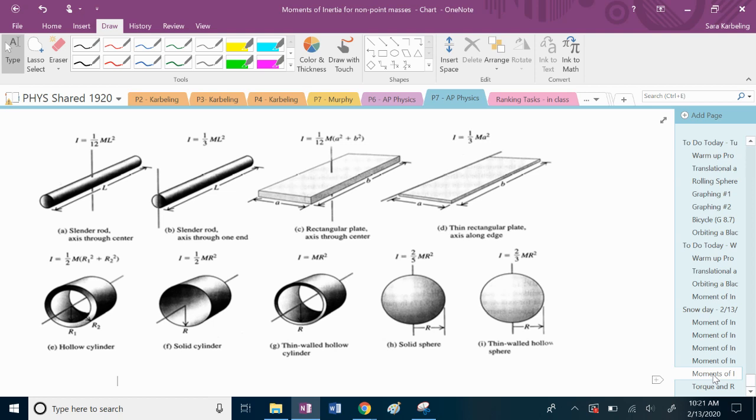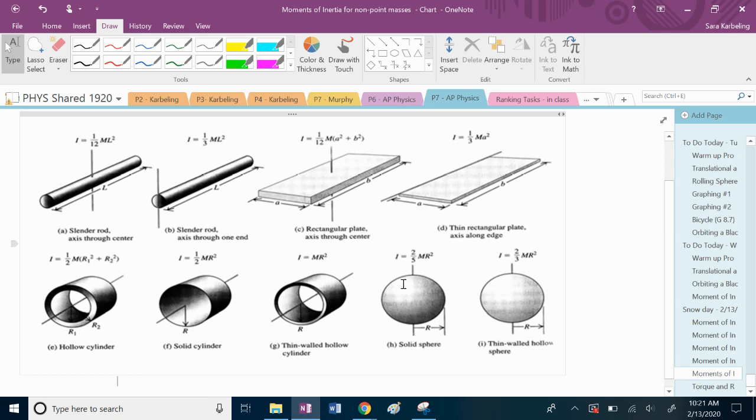In a problem that you would work on an exam or a test or homework, you would have access to this equation, or it probably wouldn't even ask you to figure it out. It would just say, here is the moment of inertia for, for example, a solid sphere rotating about its diameter.